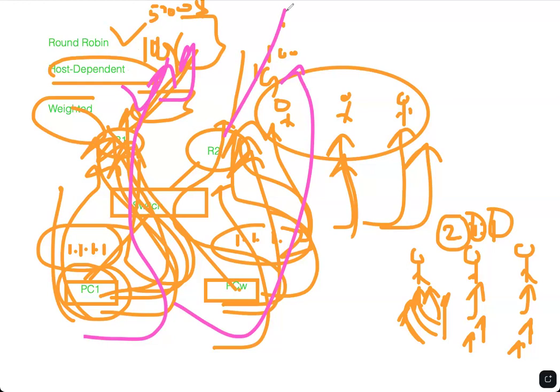Any questions, guys? Sir, in this case, do the routers communicate with each other? They have to. Otherwise, how will they know which one is primary and which is secondary, which one is AVG and which one is AVF? There has to be a link between them.